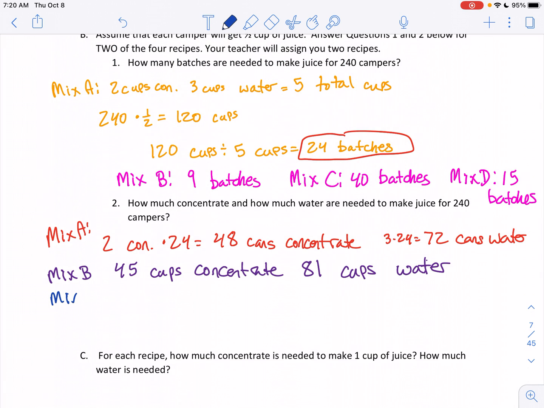Mix C, you would need 40 cups concentrate and 80 cups water. You can tell that mix B and mix C are pretty close, right? Because 81 cups and 80 cups, but then you can tell that mix C would be less because that's 40 cups concentrate to 45. So it's kind of interesting how we can see that as well.